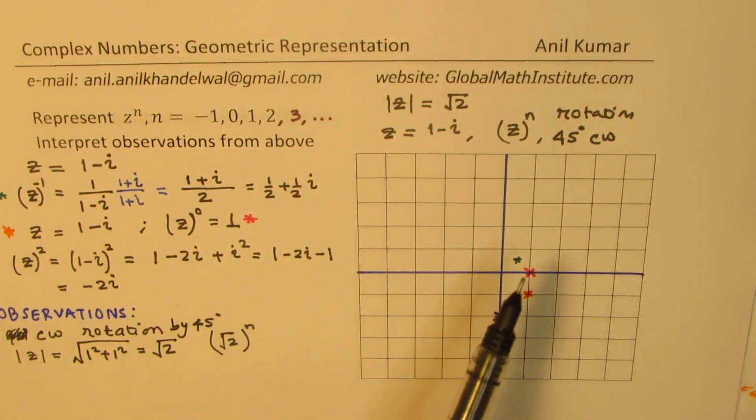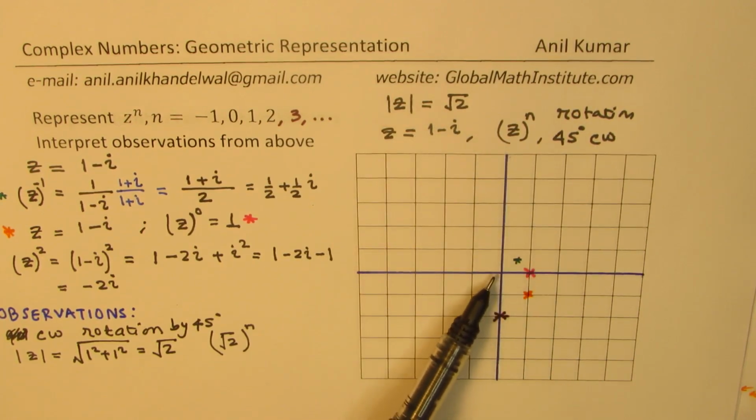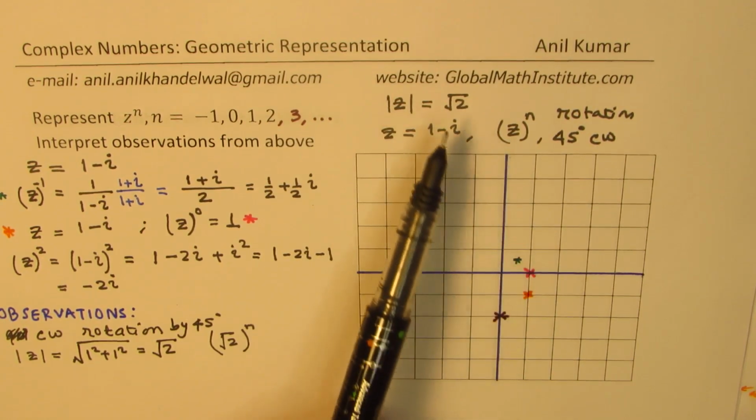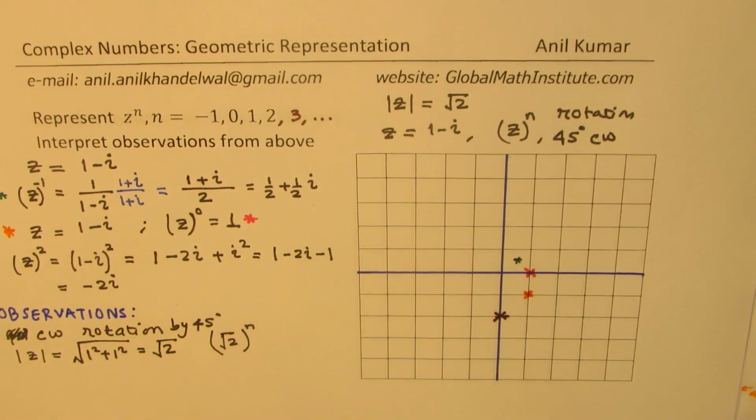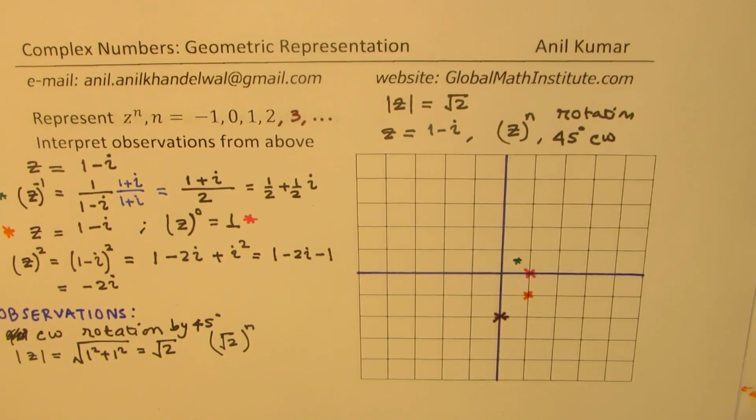And each time the distance from the origin will be square root 2 times the previous number. Does that make sense to you? So that is the kind of observation which you will see when you are representing z to the power of n. I hope that makes sense.